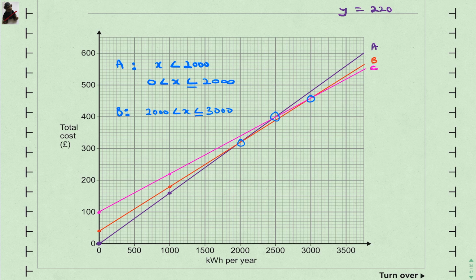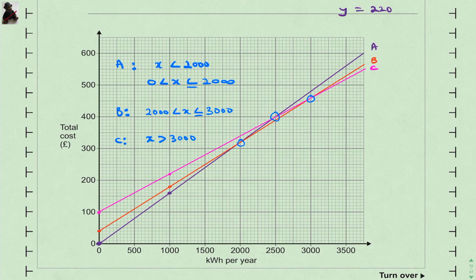And for tariff C, that will be greater than 3,000 basically. So tariff C is when x is greater than 3,000.